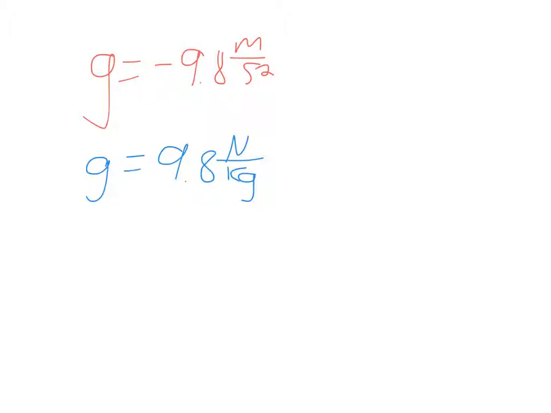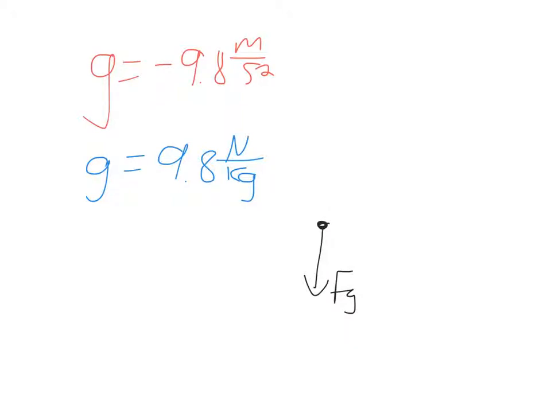The reason that this g is not negative is because when you make a force diagram, Fg always points down, again, unless you're looking at the Earth and drawing a force diagram for the Earth. But any other object on Earth, Fg will point down, so the negative from here will be here when you look at the force diagram as a whole.